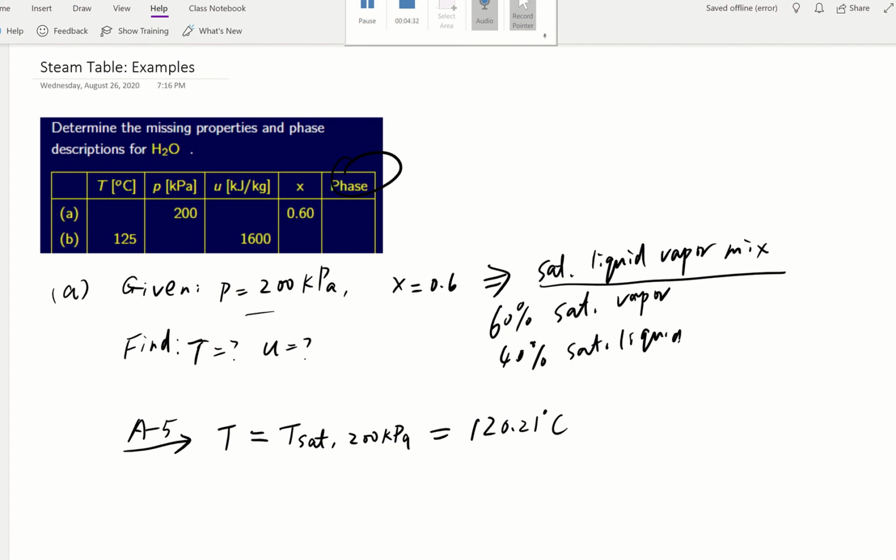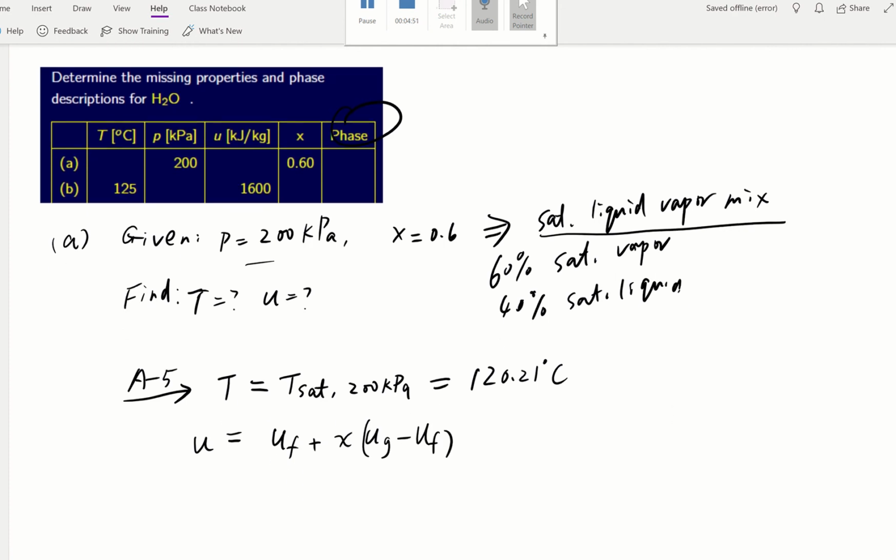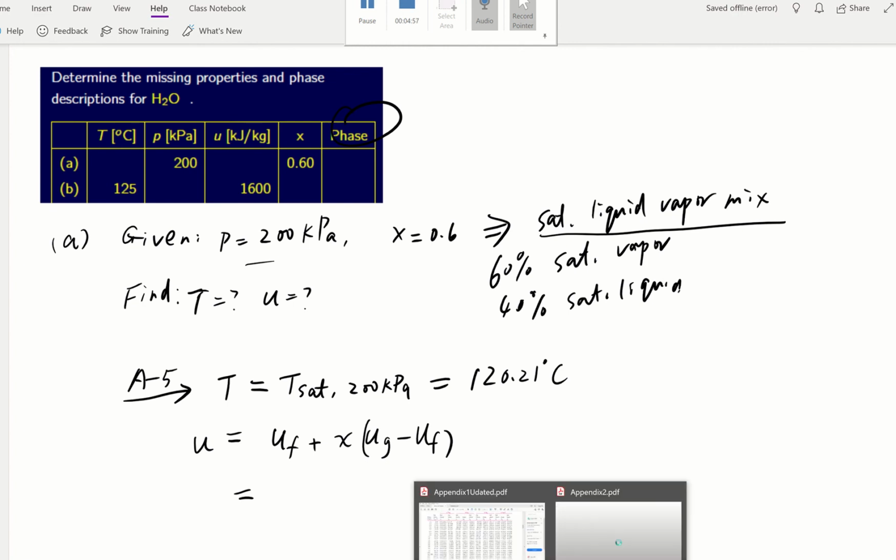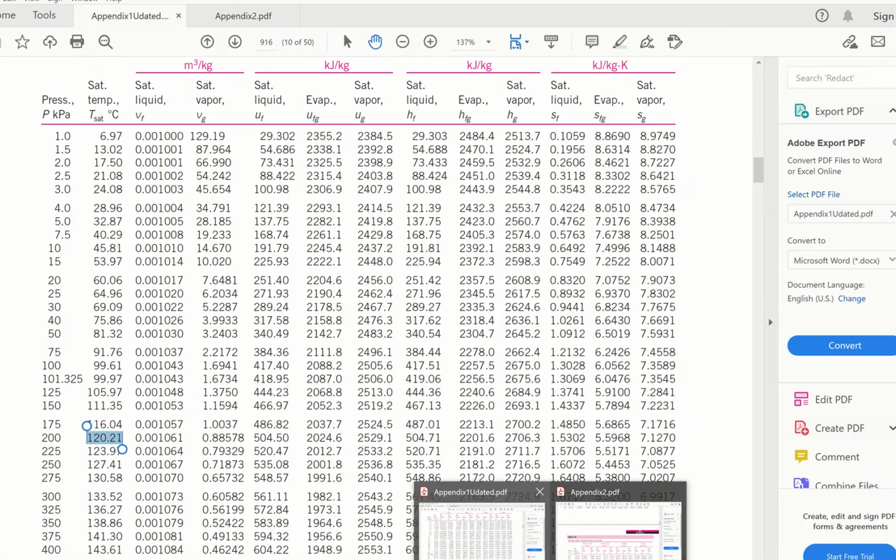Now we just need to figure out U. Since this is a mixture, we have a formula using quality to describe U. It is U equals Uf plus x Ufg, where Ufg is also equal to Ug minus Uf. Then we can just find from the same table A5 what Uf is at 200 kilopascal.